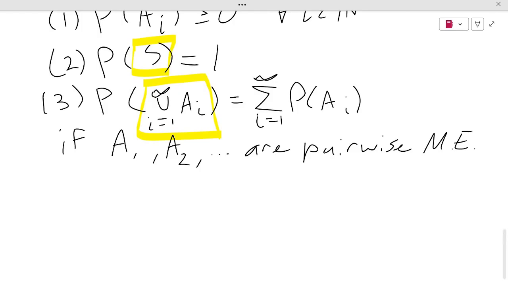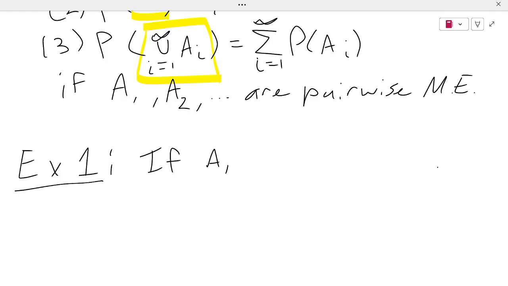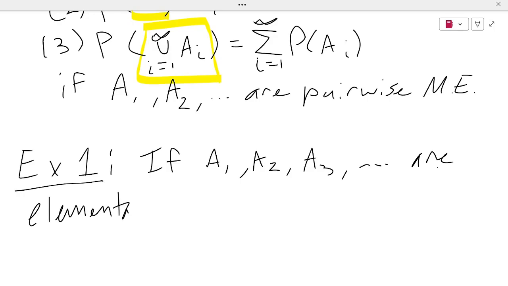Okay, so maybe I'll write that out. So example 1. So if A1, A2, A3 are elementary events and they're different.